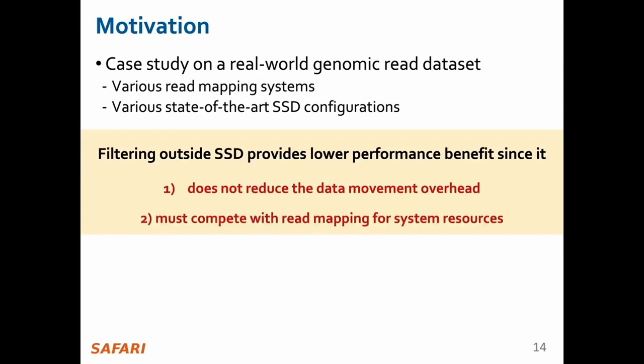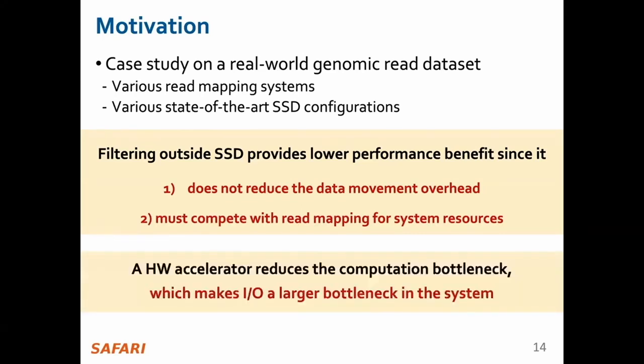And also it must compete with read mapping for resources across the system, for example, compute resources, memory bandwidth, and external SSD bandwidth. And also we observe that a hardware accelerator reduces the computation bottleneck, which makes the IO actually a larger bottleneck in the system.